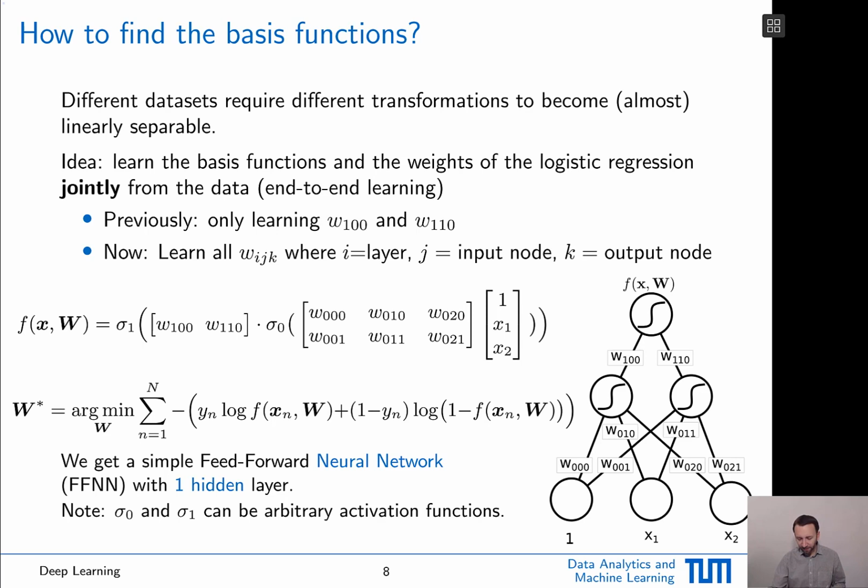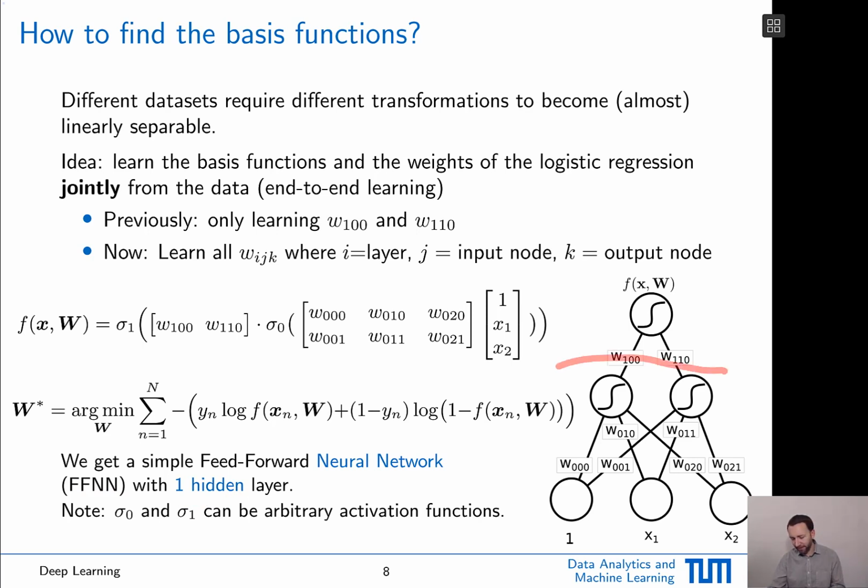So this is what we are doing, and this is the core of neural networks, so to say, that we have this end-to-end learning where we learn this feature representation simultaneously with the actual classification model. So what you see here is indeed already one of the most famous neural network architectures. It's called a feed-forward neural network with a so-called one hidden layer.